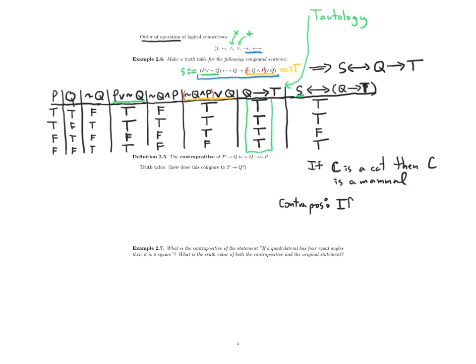So it's going to be if C is not a mammal, since the then part is Q here. C is a mammal is the then part. So the negation of that is C is not a mammal. Then C, well, we'll negate the if part of the original statement. C is not a cat.